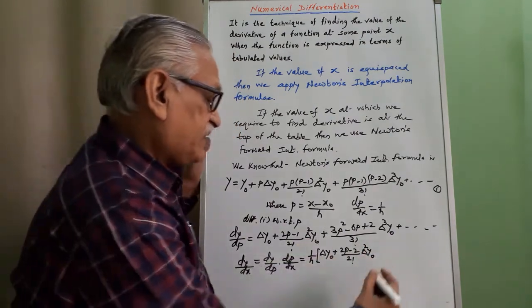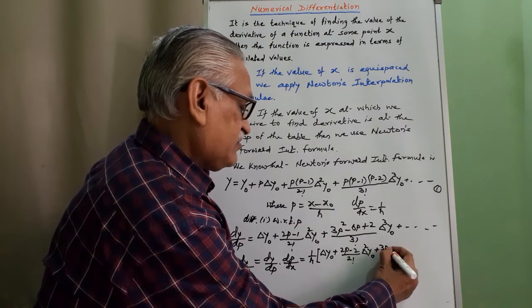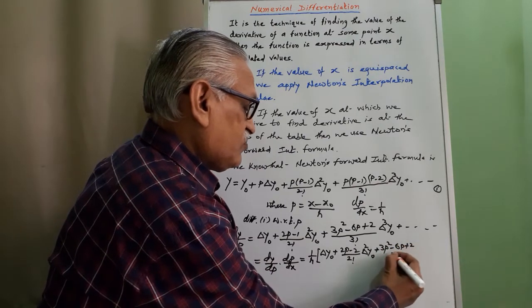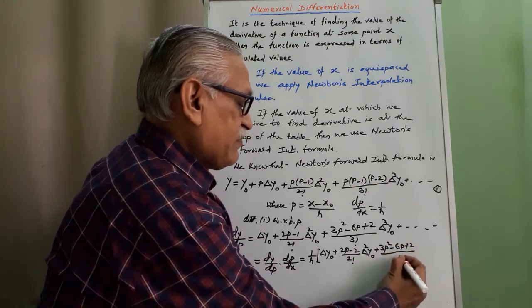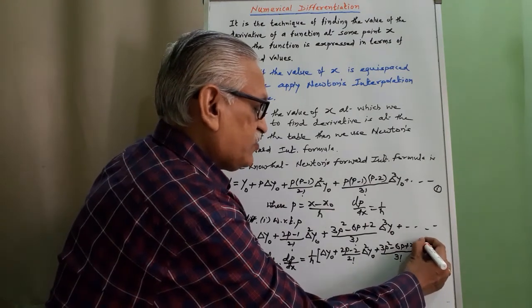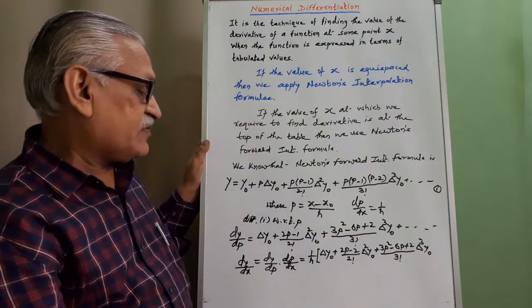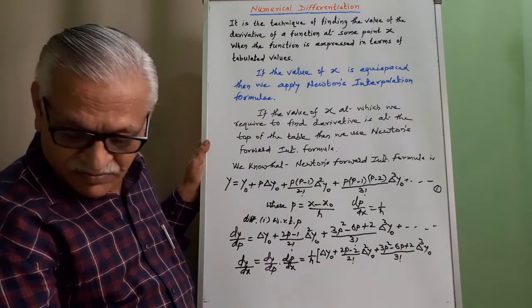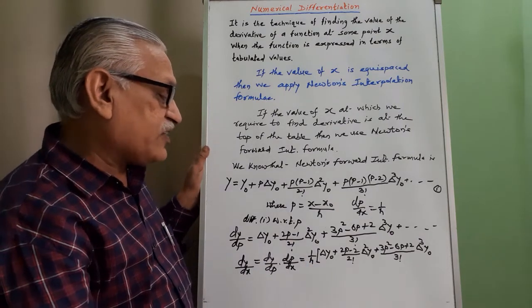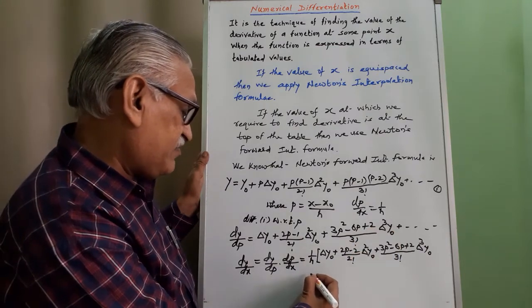Next one is (3p square minus 6p plus 2) divided by 3 factorial del cube y0. If you try to find the next term, we get that term as follows.